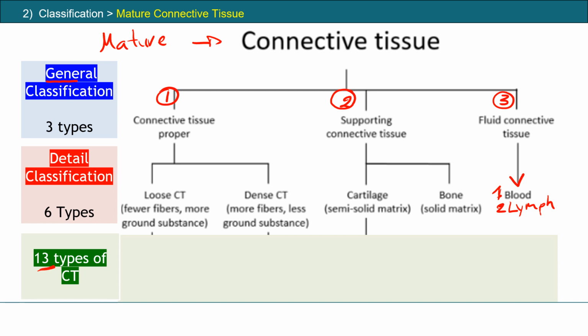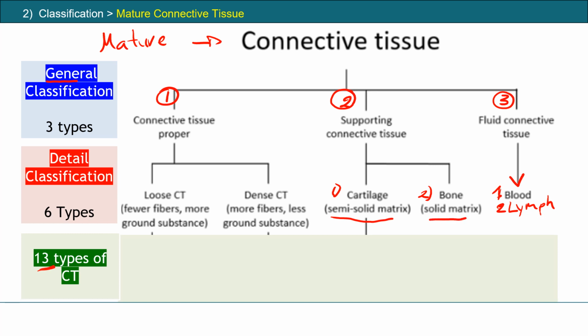Now, supporting connective tissue. When you think about your body, what is supporting you when you're standing up? Your bones, yeah. So here you have one, the cartilage, and the second one will be the bones. One has a semi-solid matrix. The other one has a solid matrix.